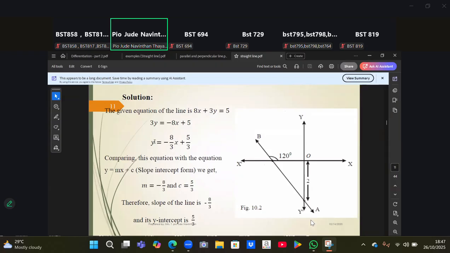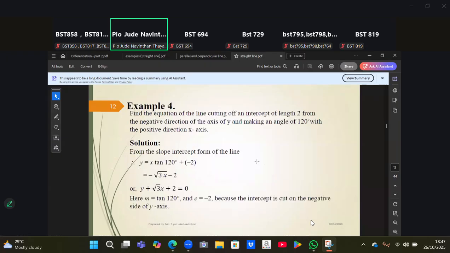So we get y is equal to mx plus c. Therefore m is minus 8 over 3 and c is 5 over 3. They are asking for the gradient and the intercept value c. So we identified that.